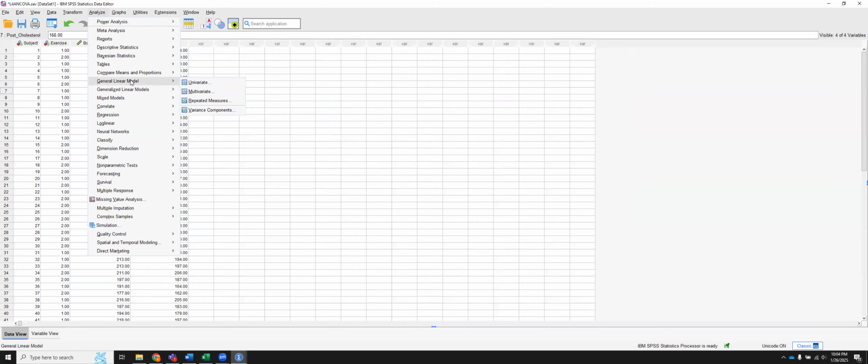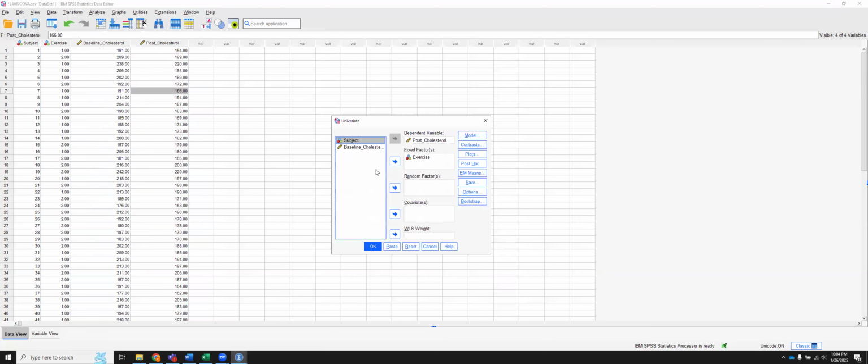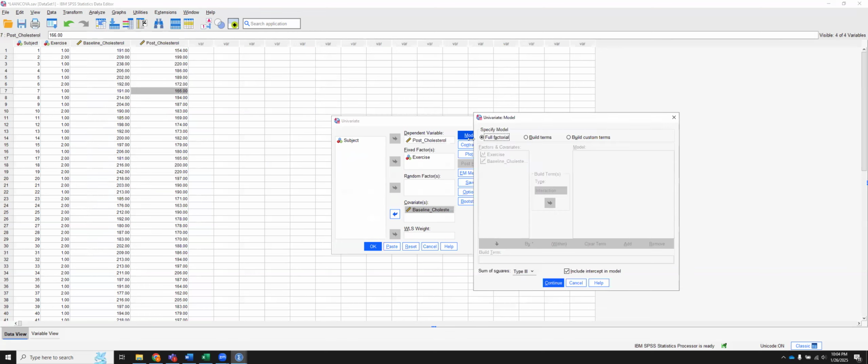Over here we choose univariate again, but this time we include the baseline cholesterol as a covariate. We put it over here. For now, we want to see whether there's any correlation or association between the exercise and the baseline cholesterol level. At the very beginning, we were supposed to randomize subjects into different exercise groups, so we are not supposed to see any interaction between the factor and the covariate.